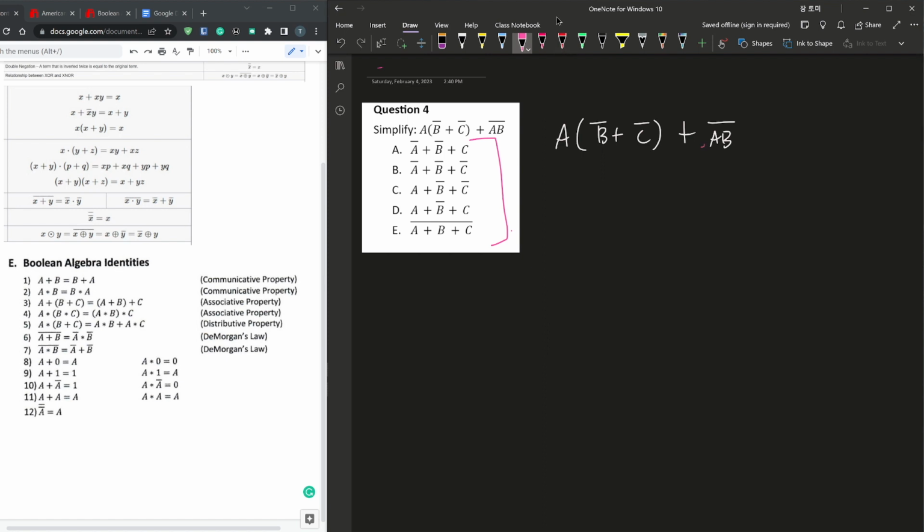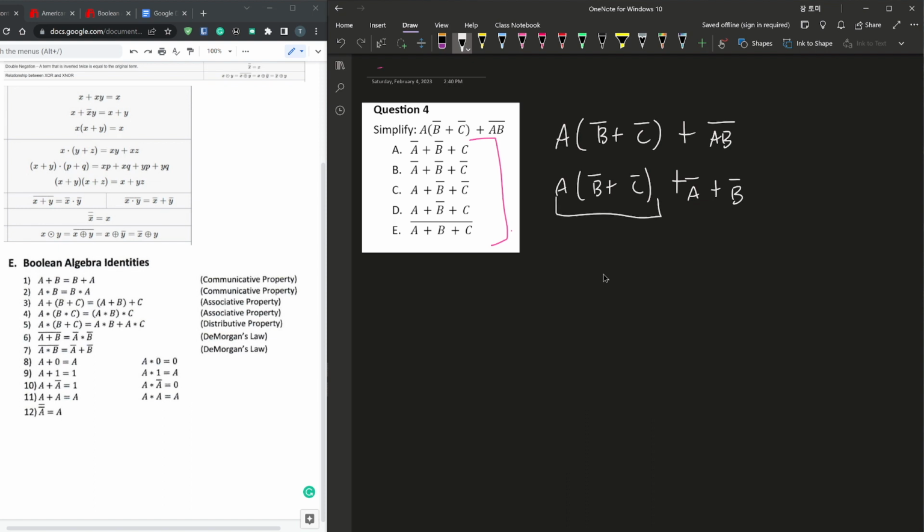The first thing I notice is that A and B are stuck together here, so we're going to use identity 6 or identity 7 to separate not AB. So what we have is A not B plus not C, that's exactly the same, plus not A plus not B. That is because of identity number 7, not A times B is equal to not A plus not B. Then the next thing we can do here is distribute.